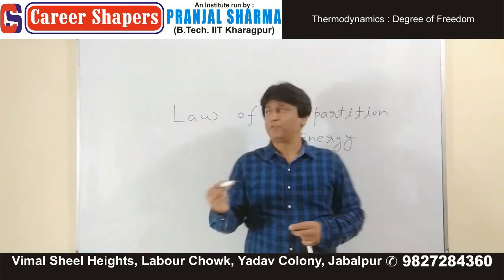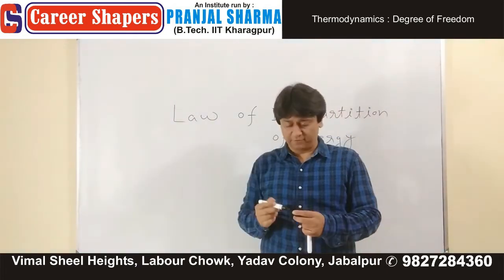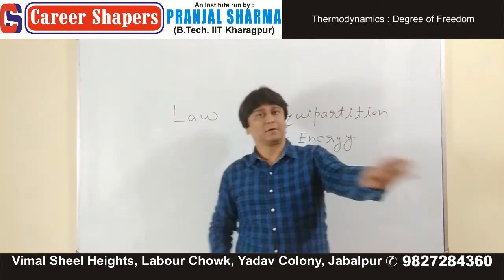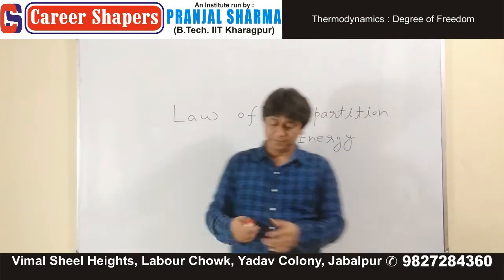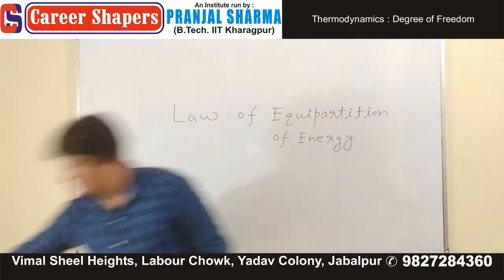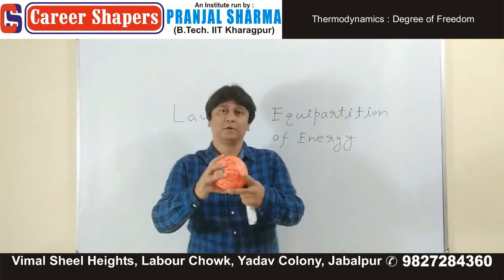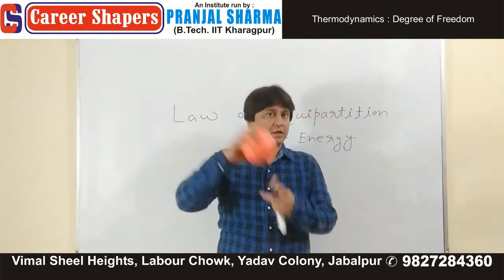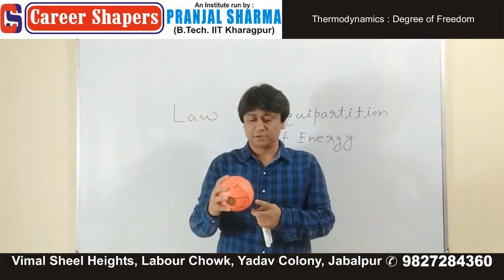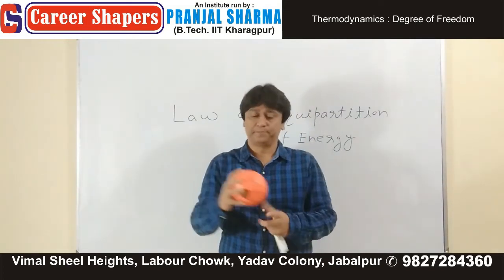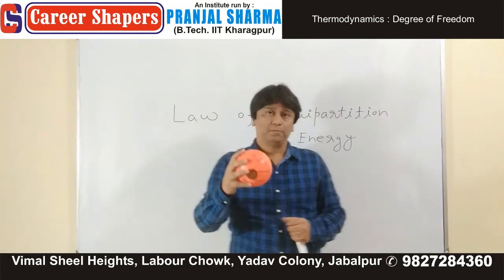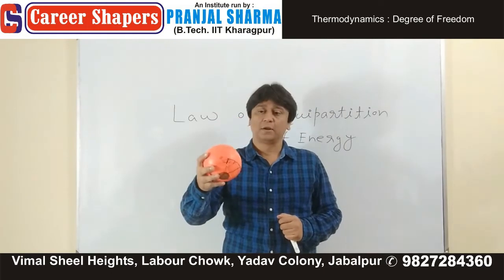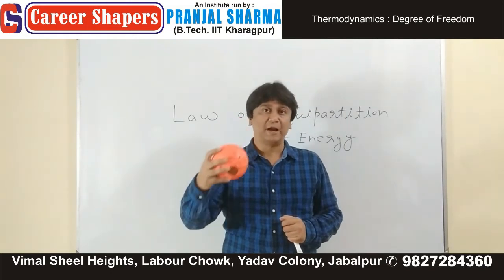Let me give you a feel of equipartition of energy with the help of monatomic, and then you will remember it for everything. So we have a spherical ball and there are billions and billions of these balls, tiny atoms, in a container. So what do you think, in which direction they will have more kinetic energy?